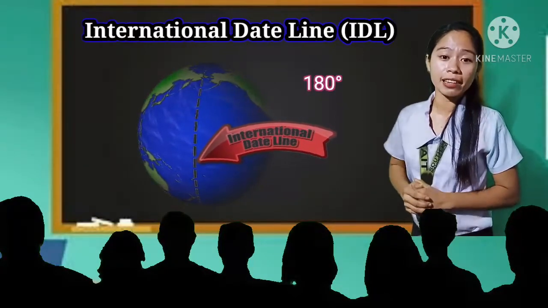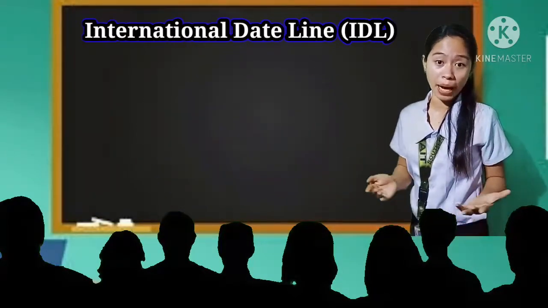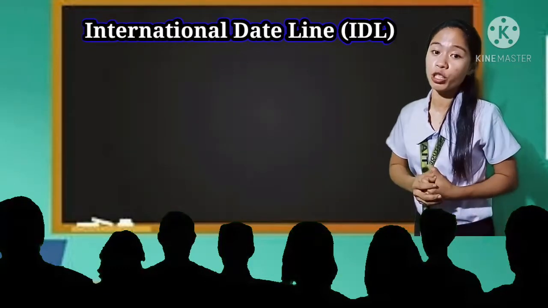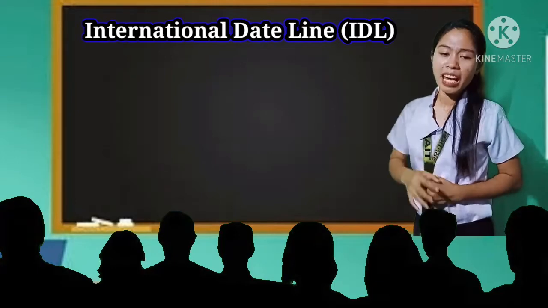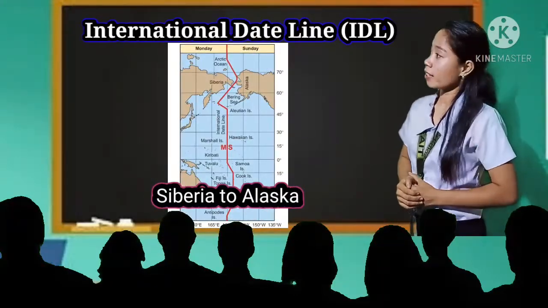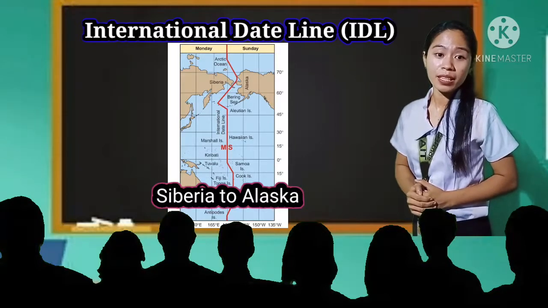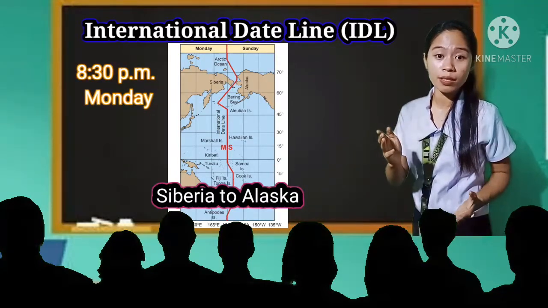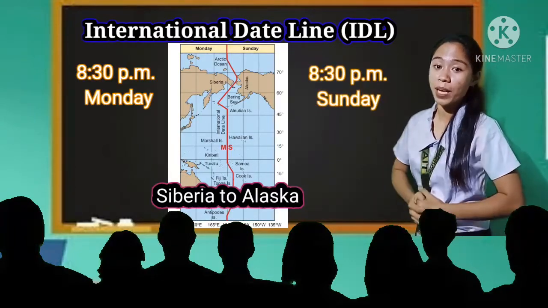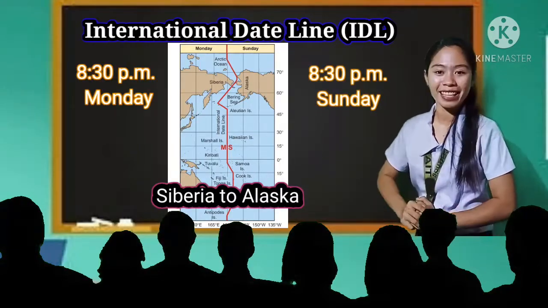At the international dateline, we turn our calendar back a full day if we're traveling east and forward a full day if we're traveling west. For example, if you are going east from Siberia to Alaska and it is 8:30 p.m. Monday just before you cross the international dateline, then it will be 8:30 p.m. Sunday on the other side.